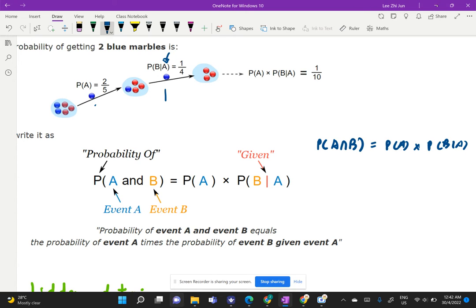You can take note. How do you know that you need to use this notation? You can just look at the question. If the question has the keyword given, you know this question asks you to use this notation.